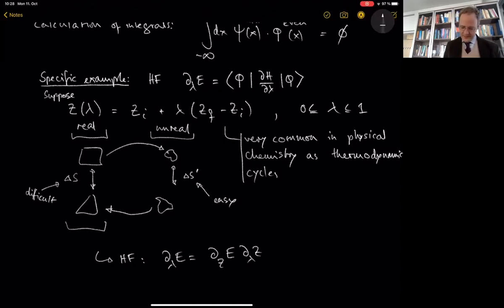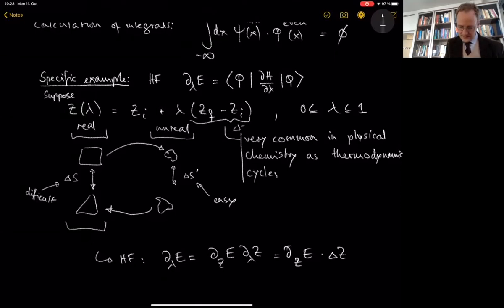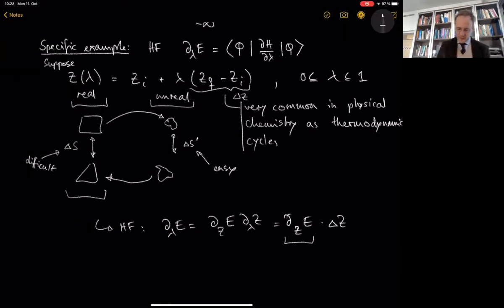And the Z we defined up there, so this is the same as dZe times delta Z, right? So it's this difference here is delta Z, right? If you differentiate that linear function in lambda, you just inherit this delta Z. So the question is, what is this derivative here? Okay. So we can use the Hellman-Feynman theorem for this.